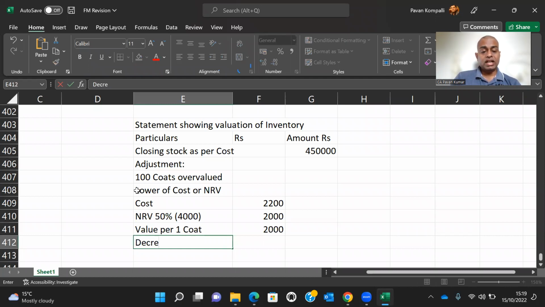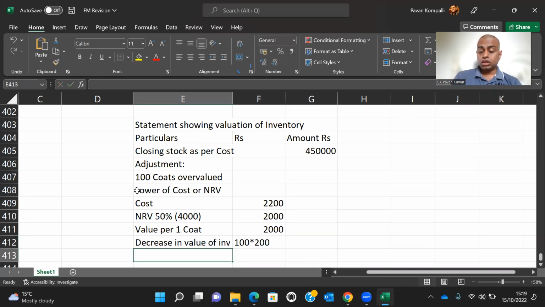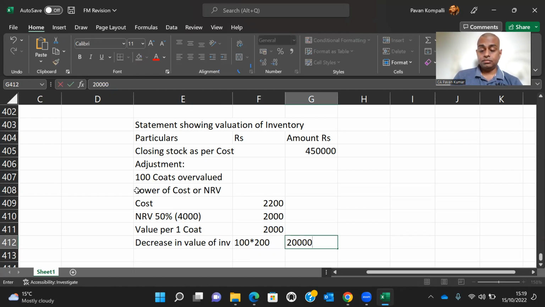So the decrease in value of inventory required. Can I say 100 quotes into 200 rupees extra you have put. So I will subtract the 200. 100 quotes into 200 rupees is 20,000, which is to be deducted.